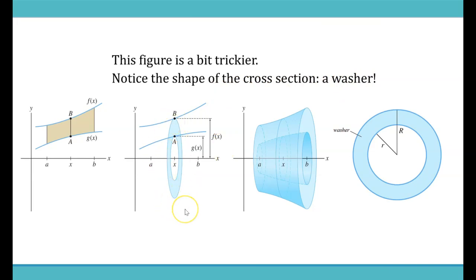So we're thinking about the tool, the piece of hardware, a washer, because of that gap. So if I focus on one particular x value between a and b, at that x value, if I think about this line segment here that's drawn between the point A and the point B, if I think about taking that and rotating around the x-axis, the cross-section that is formed is that piece of hardware, a washer, right?